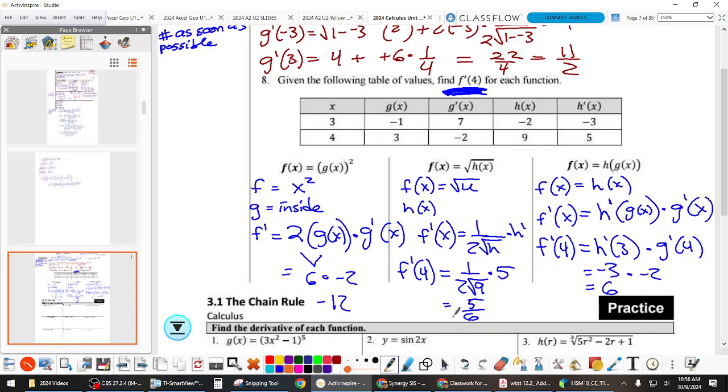I always read the wrong number off them. I looked at H of 2, or H of 3. Anyway, obviously you can read them wrong, so be careful with that. But I do like them generally because it's less writing of all the stuff. It's mostly just numbers. So any questions on chain rule?